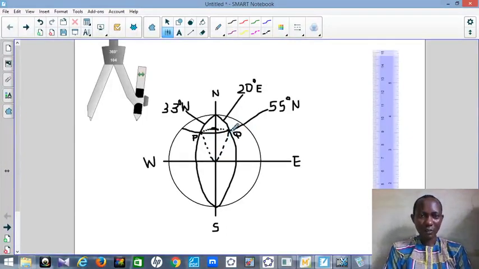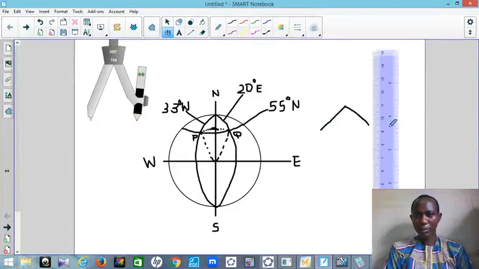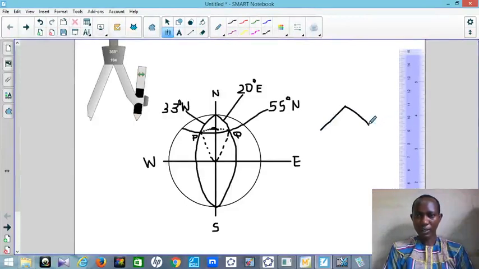The shape that is formed here is something like this. Let me remove our ruler from there. So this is part of the solution. You need to draw it as you are solving it.